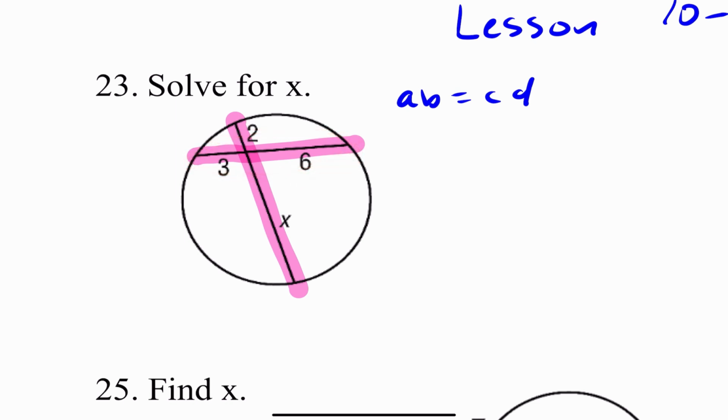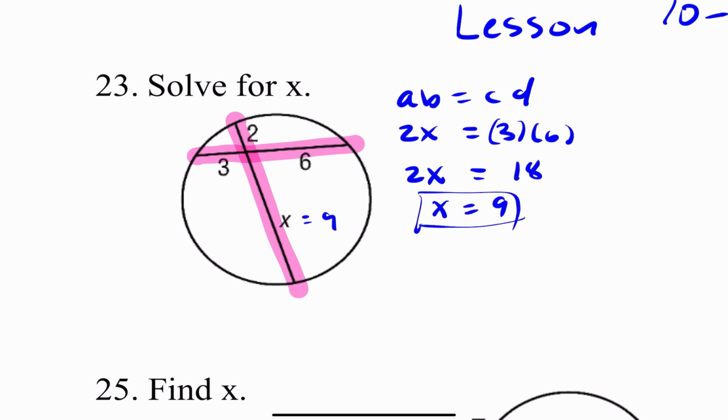So A times B, which is 2x, equals CD, 3 times 6. So 2x is equal to 18, x is equal to 9. And that's how long that particular length is.